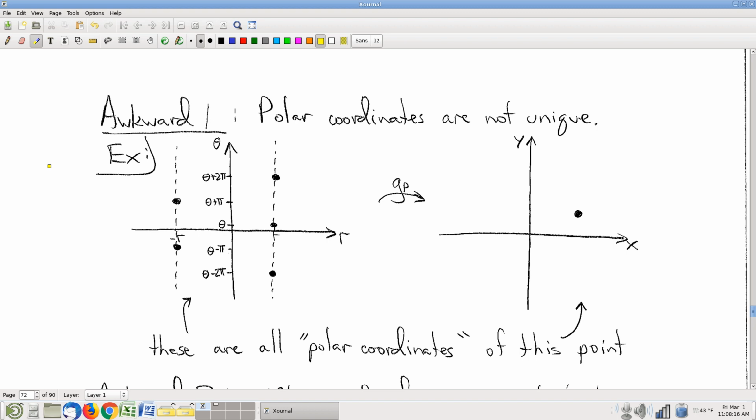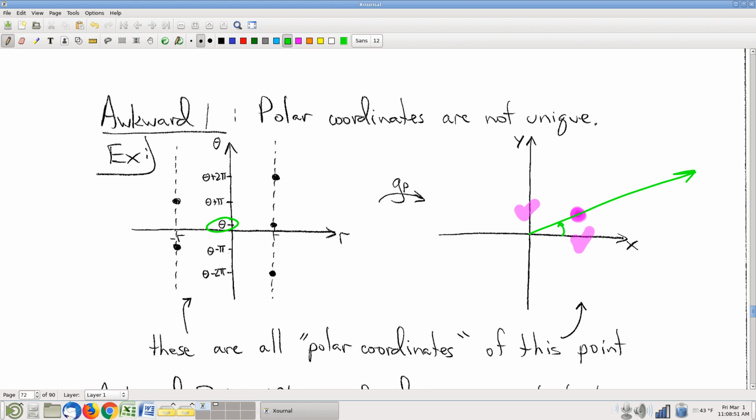As I mentioned, polar coordinates are not unique. They just aren't. Right? You take this point here, for example. Well, that has a unique x coordinate, and it has a unique y coordinate. End of story on that. But with polar coordinates, I can think of this as being in that direction having been defined by going around sort of that much, and therefore sort of this value of theta, perhaps.